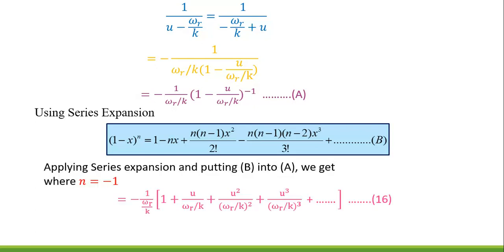If we apply this expansion on the equation number a, we will have minus 1 over 4 omega r over k, and inside we will have 1 plus u over omega r by k, plus u square over omega r over k square, and plus u cube over omega r over k cube, and plus so on. So this is equation number 16, which we will substitute back into equation number 15.